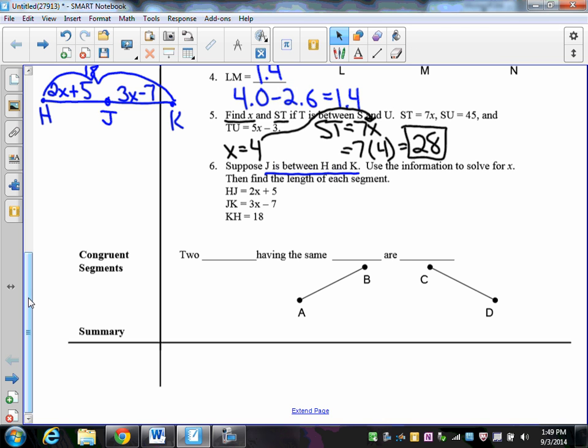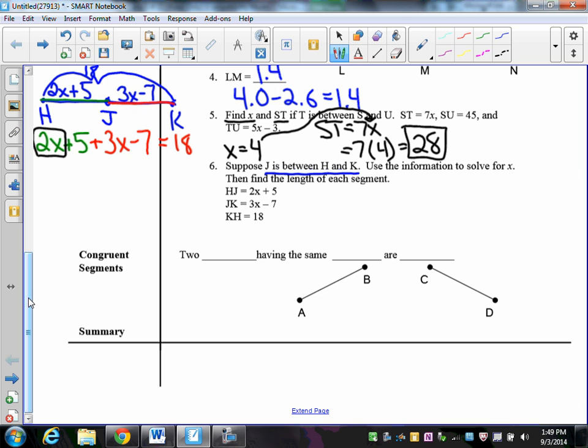So just like the last one, I'm going to add again. The green segment, 2x plus 5, plus the red segment, 3x minus 7, is equal to the whole thing, 18. And again, I have to combine like terms. I'll put a circle around these two.